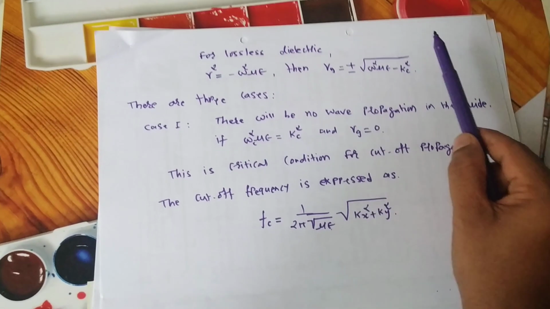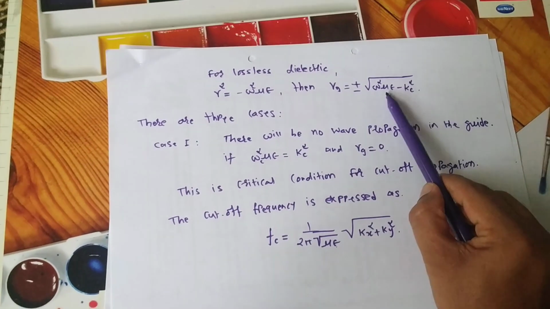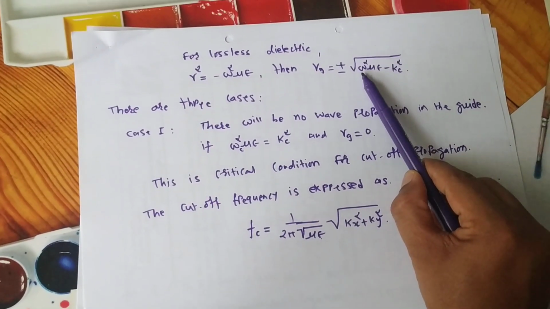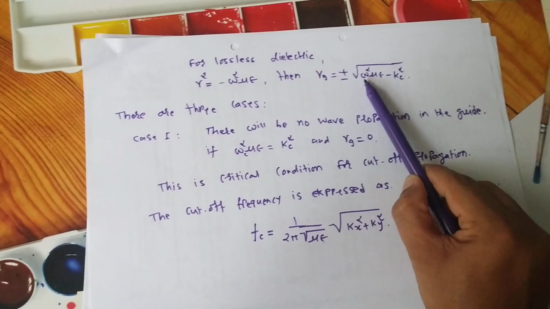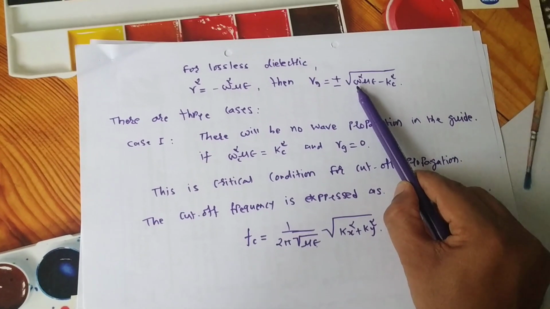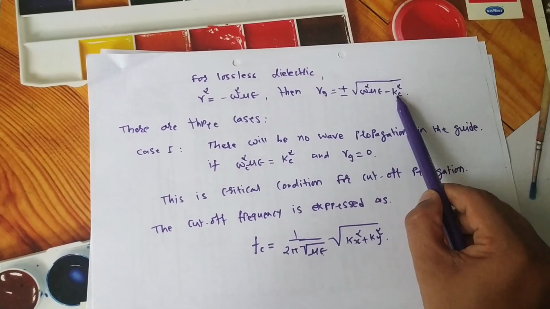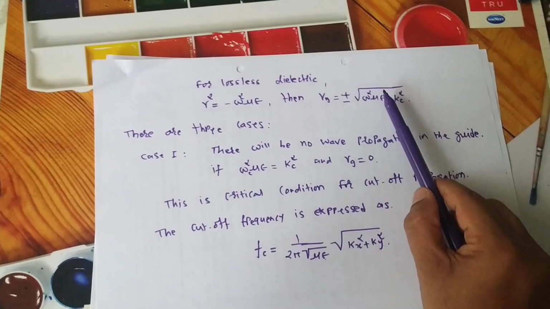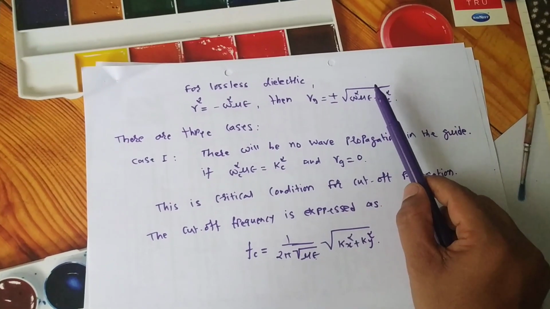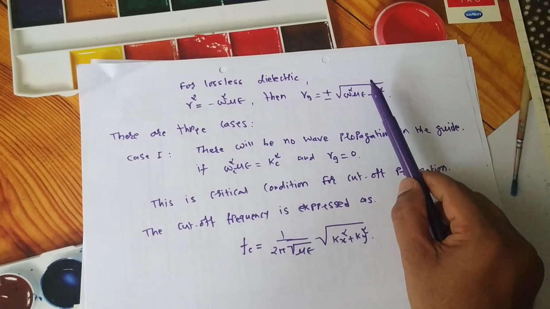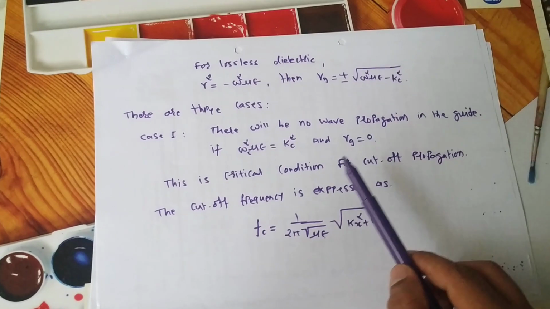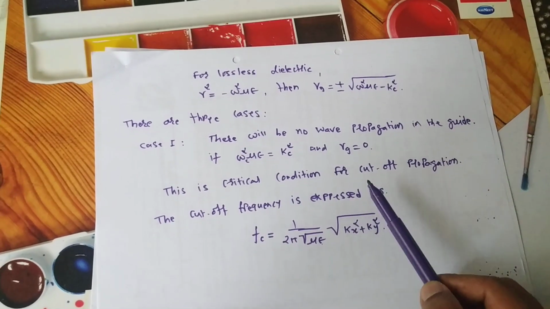Here it clearly indicates that if I operate at such an operating frequency omega c that equals kc square, then this term will become 0, and hence the propagation constant in the guide will become 0. This is called the critical condition for cutoff propagation.